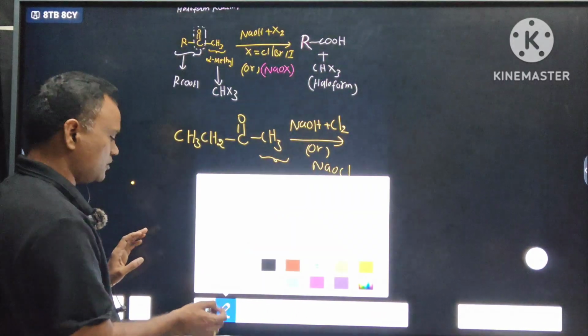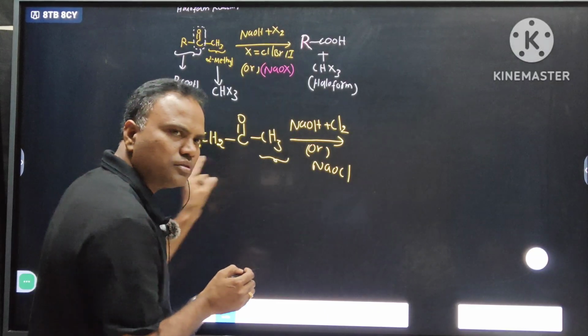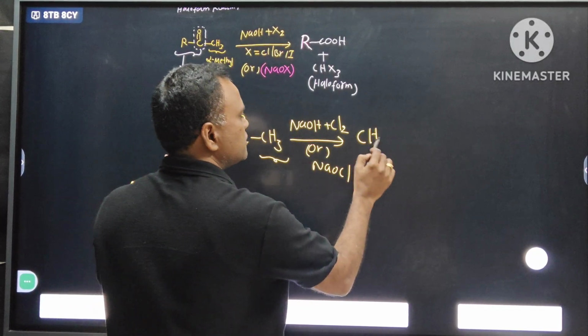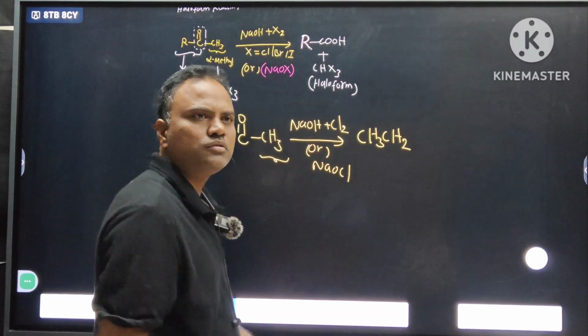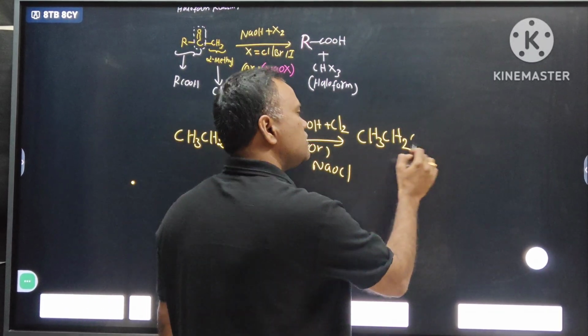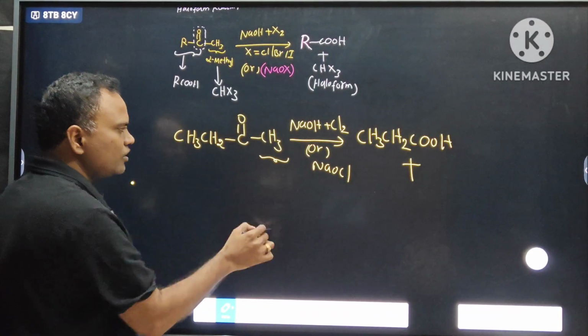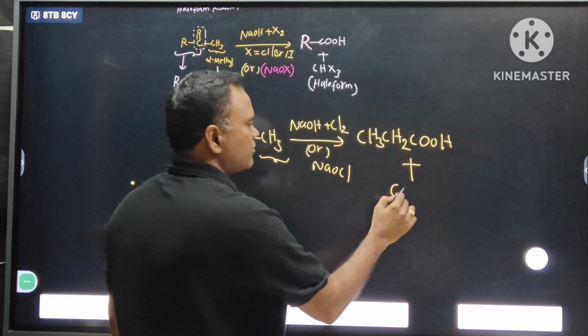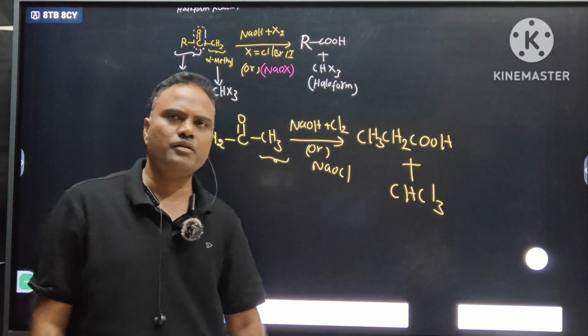Tell me, what is the trick? What is R here? This is R. Write R as it is: CH3, CH2. After writing R, COOH, or C double bond O, COOH. Next, this one, yes, CH, because we took chlorine here.